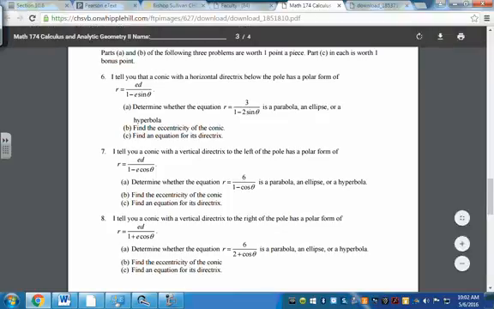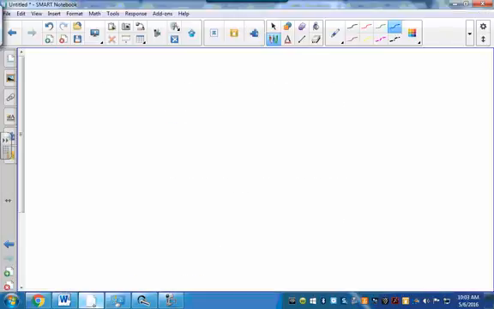I'm using D instead of P. Determine whether it's a parabola, an ellipse, or a hyperbola. Find the eccentricity, and for a bonus point, where's the directrix? Okay, so we're going to work through these 3 today. It's a pretty short section to do. And I do know we've got a couple of people out today taking the AP test. So hopefully we'll be able to knock this out fairly quickly. Before I do that, though, I want you to do a warm-up problem. This is, again, akin to what we did yesterday.